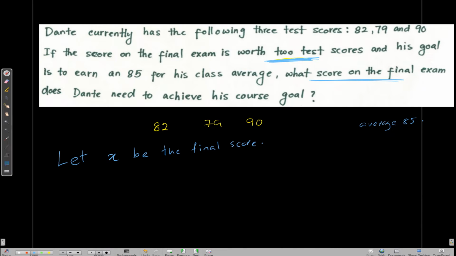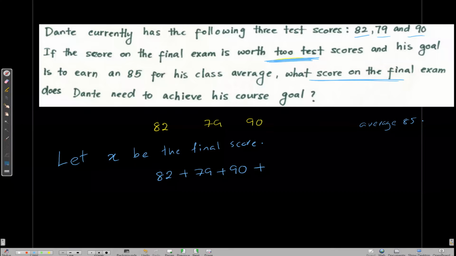Now you have a variable. Now using x, we add these numbers and the final: 82 plus 79 plus 90 plus, is it x? Well, the final is worth 2 test scores, so x plus x.